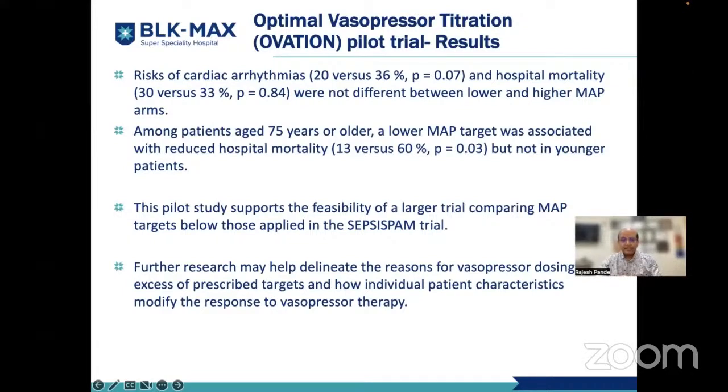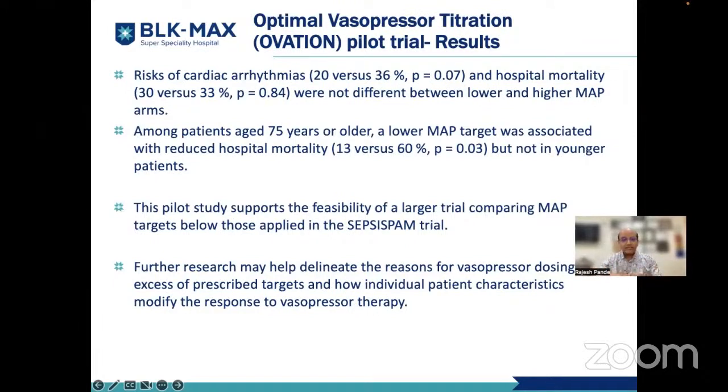This pilot study supported the feasibility of a larger trial comparing MAP targets below those applied in the Sepsiscon trial. So Sepsiscon, as you have seen, focused on the normal 65-70 target versus 80-85 target. Now here they say that even the lower values are better in patients who are aged more than 75 years.